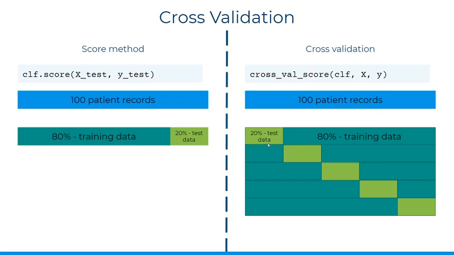We've got our 20% test data and 80% training data, and then this blue bit on the next row represents test data, and this represents training data, and this represents test data. So what cross-validation does is it tests on every single bit of the data, and that's what each value is. Each value shows how well it has done on each part of the data.